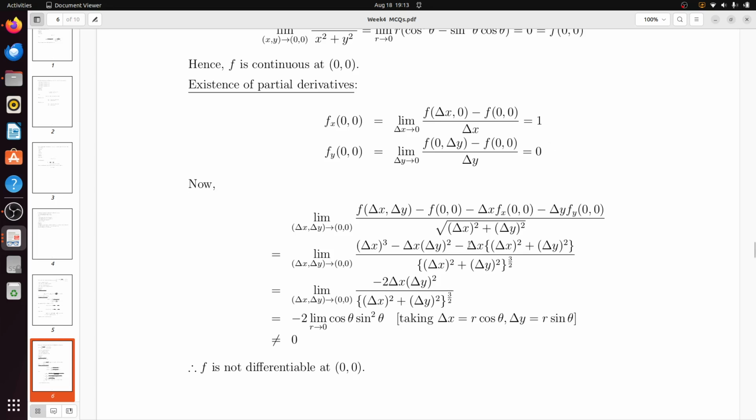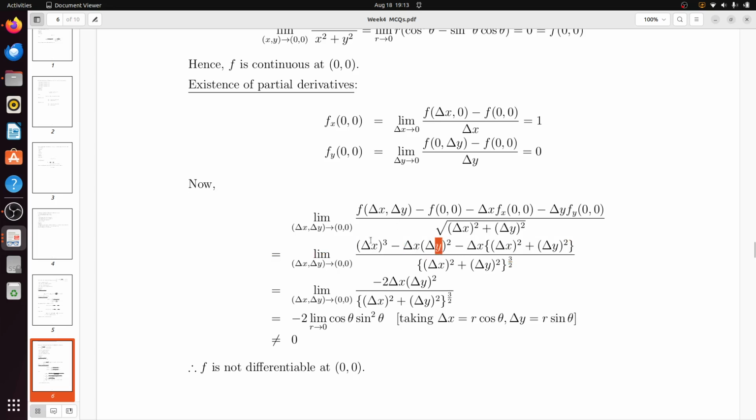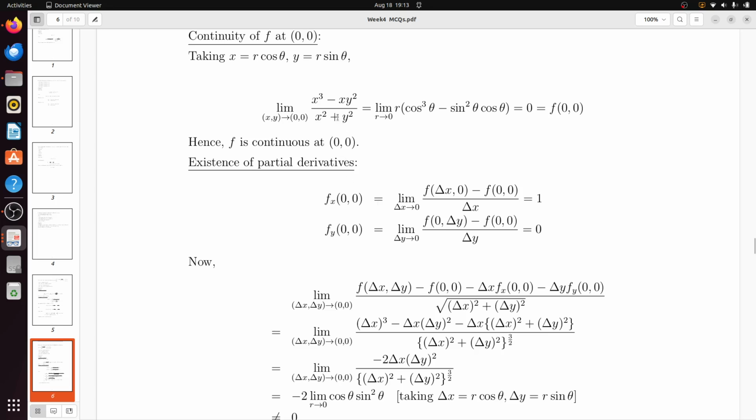Here we have actually done the computation. What will f(delta x, delta y) be? f(delta x, delta y) will be (delta x whole cube minus delta x delta y square) divided by (delta x square plus delta y square).